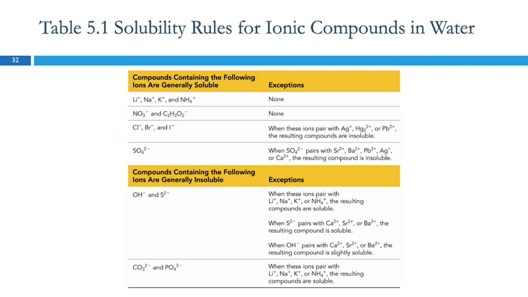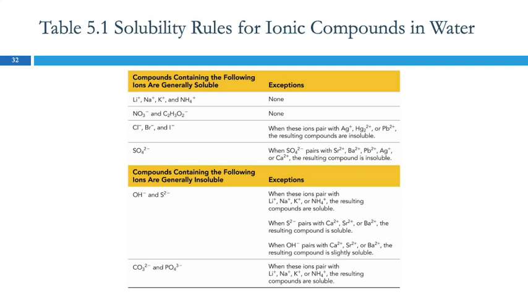Let's say we're doing sodium chloride. Well, there's sodium ion. Sodium compounds are soluble with no exceptions. Doesn't matter what the other ion is, it's going to be soluble. So we could stop looking at the table. What if we were looking at lead chloride?